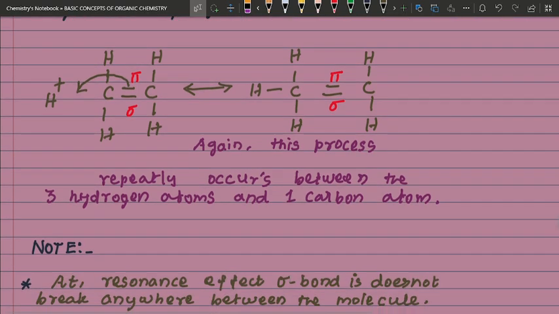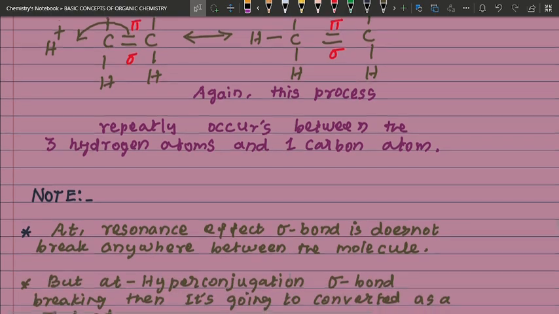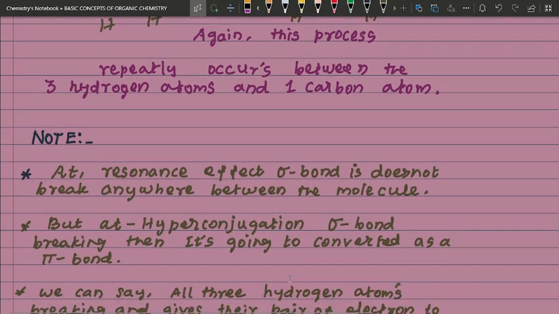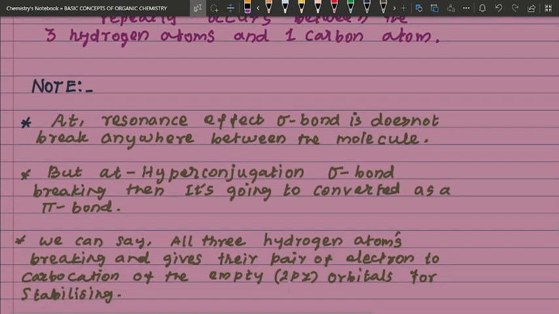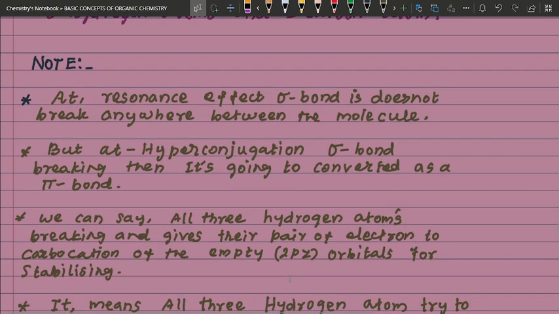Please, this topic is a little difficult or confusing. If you don't understand, please watch this video again. Please note, these are all very important key points. Let's see the first. In the resonance effect, a sigma bond does not break anywhere in the molecule.